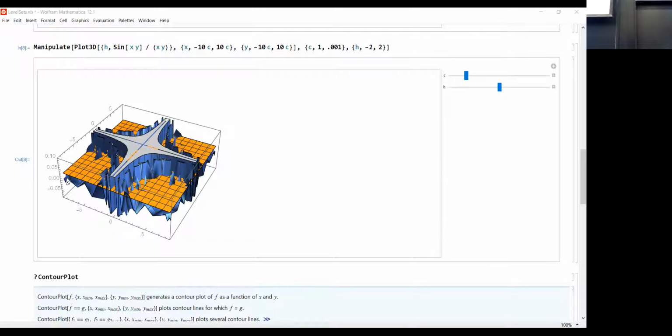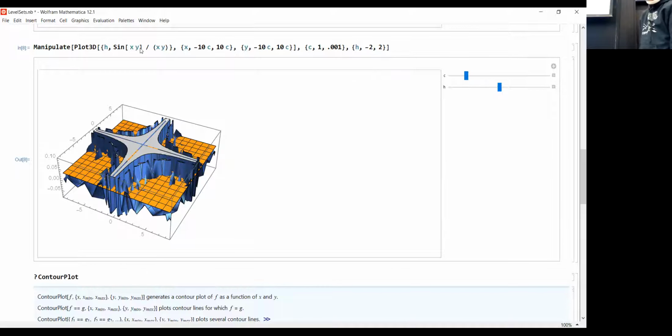So for every value of x and y, I go up to height z. I go up to height h. What surface will that look like? It's a plane. At what height above the xy plane? H.